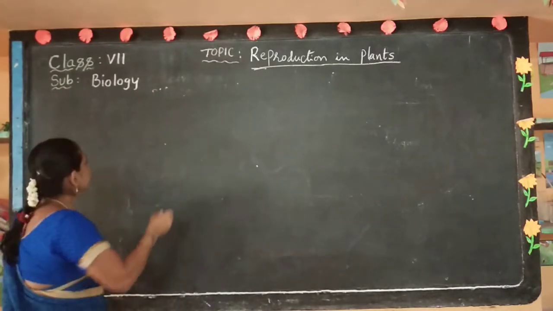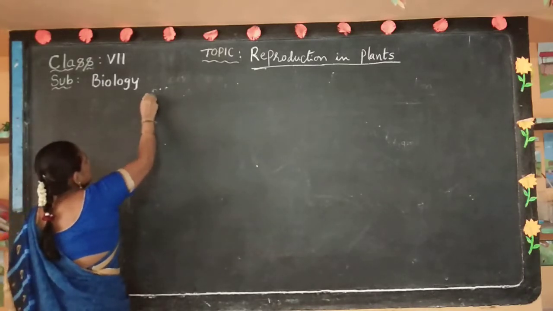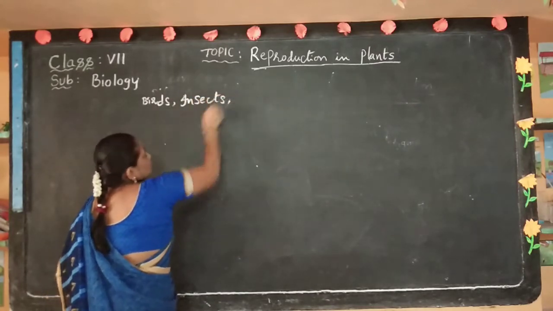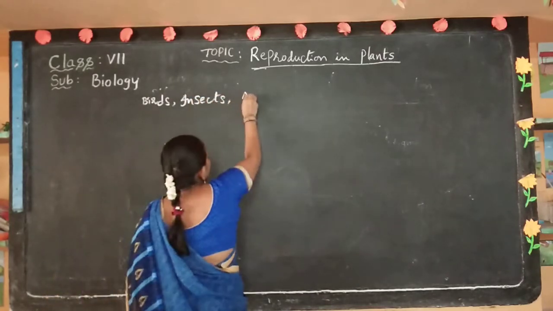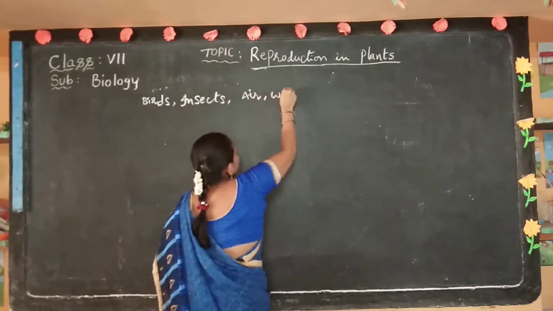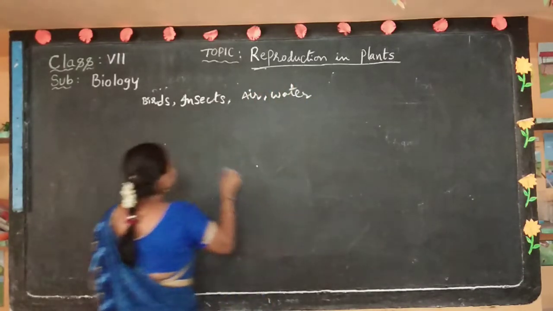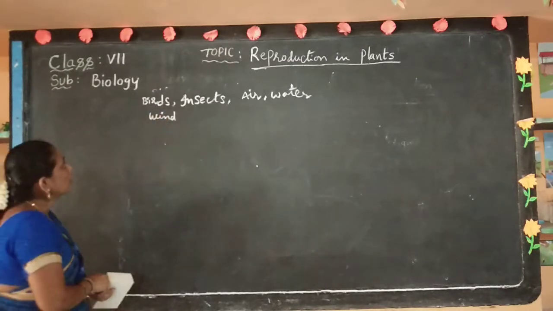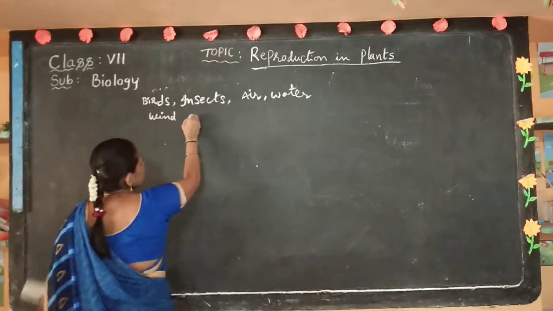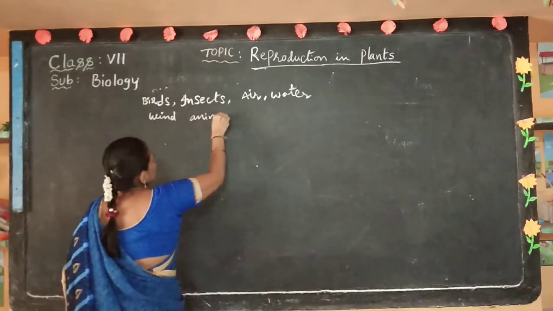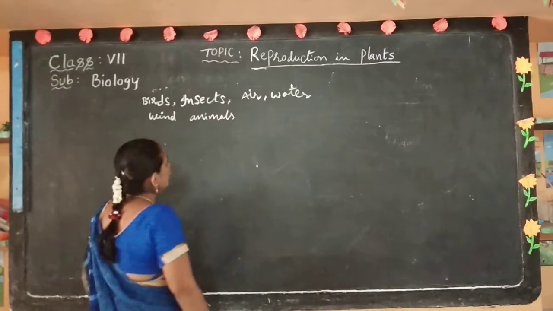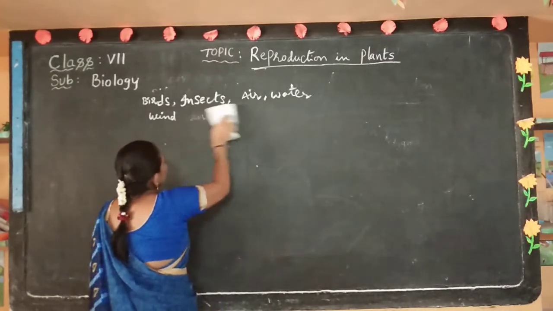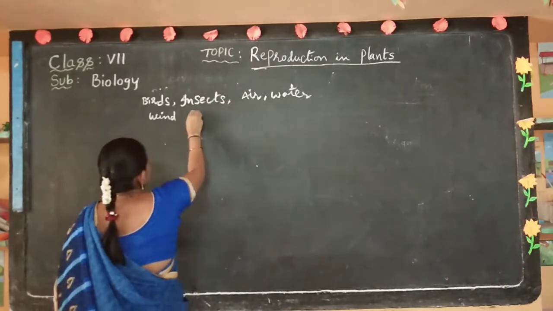Next, pollinatory agents like birds, insects, air, water, wind, and animals. Animals are called pollinatory agents. Wind is called a pollinatory agent.